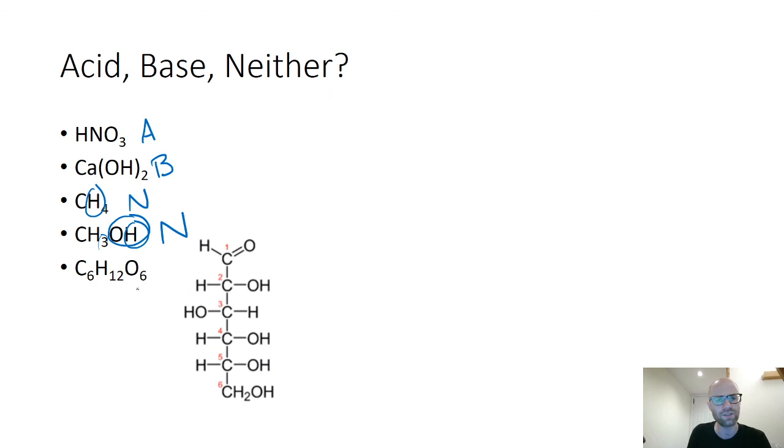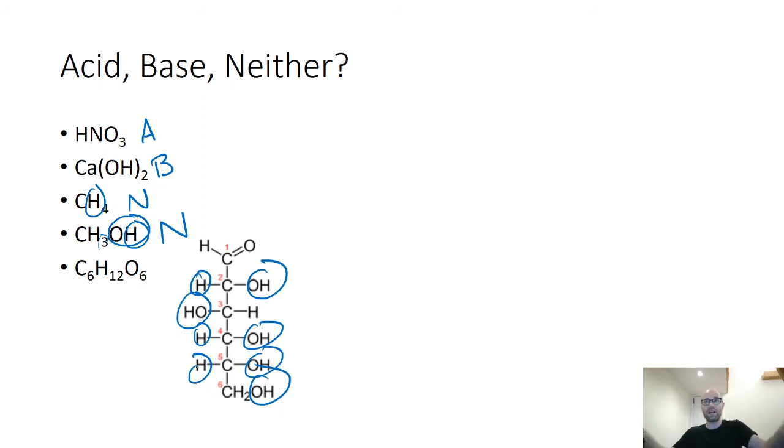And then this one here is glucose, and I included a structure. This is a Fischer projection. We see a lot of these OHs all over the molecule, and then we also see all these H's here. And so you're like, is it an acid? Is it a base? I don't know what's going on. Again, this is neither.